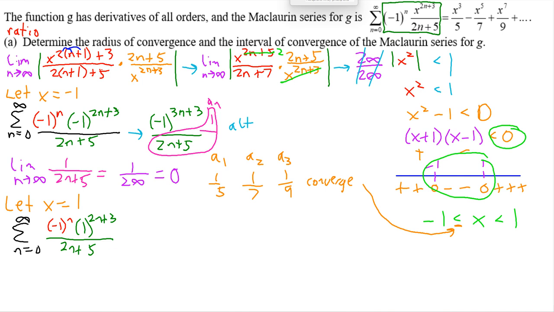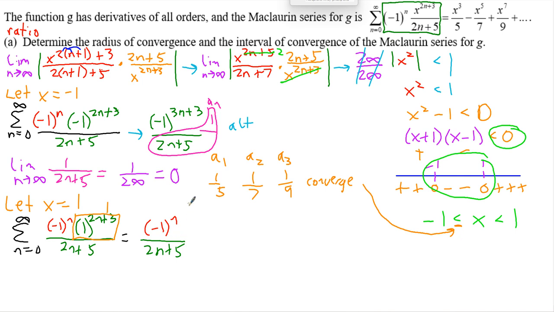But remember, positive 1 to any power is just 1. So that goes away, and we're just left with n over 2n plus 5. And this negative 1 to the n, when you plug in 0, it's even, 1, it's odd, 2, it's even. So this is going to make it alternate too.